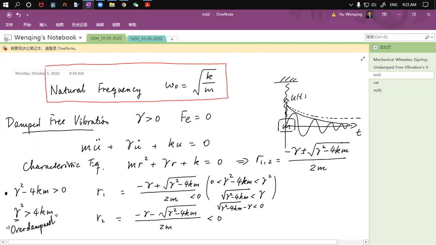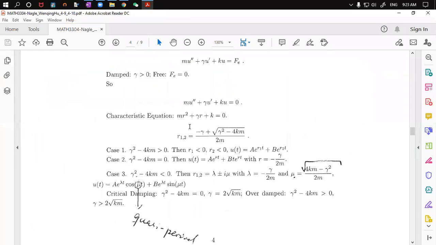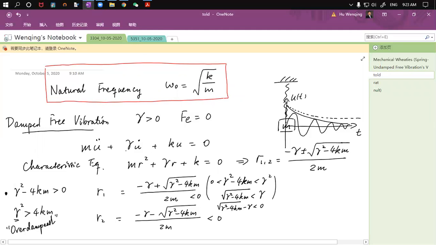Okay, so there are 3 phases for the damped free vibrations, where you can see that the magnitude of the damping plays a critical role here, right? So the situation is like a competition between oscillation and damping.